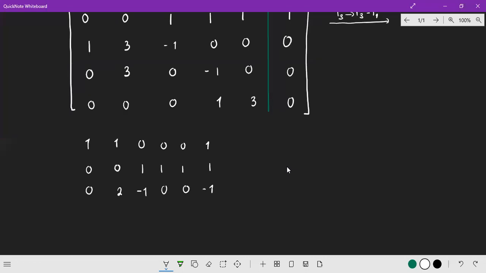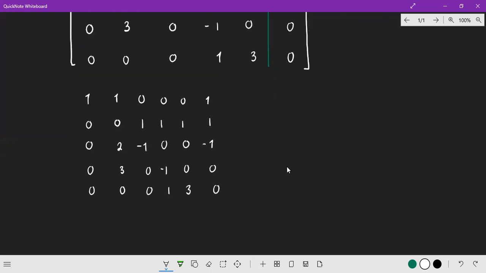Okay, and then the other rows still stay the same. So this is 0, 3, 0, -1, 0, 0. And then you have 0, 0, 0, 1, 3, 0. Okay, so we have our new matrix here.